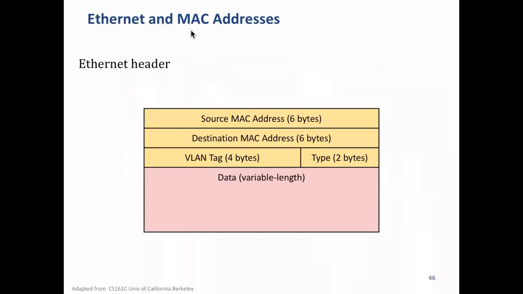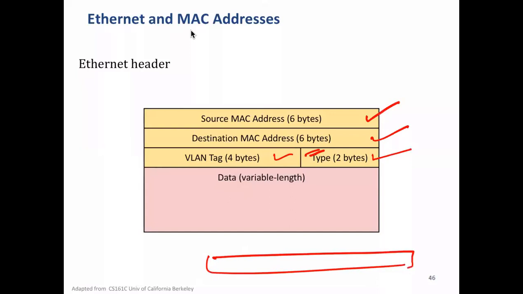Okay, and this is the format of Ethernet. We have 48 bits of source address, 48 bits of destination address, then we have the VLAN tag, and what type of protocol we are running on top of that, right? Whether we are running IP, most of the time we run, of course, IP, but we can run other protocols. So that's told here, because the IP packet will sit inside the Ethernet packet, right?